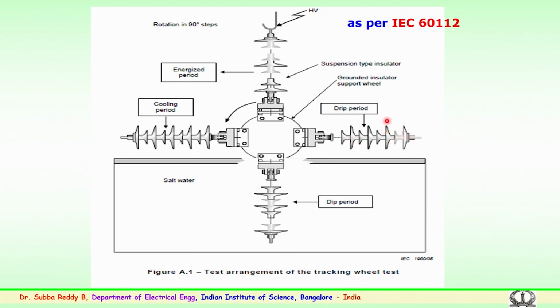Further, the insulator comes in contact with the high voltage, this is the high voltage point, for a period, and after the high voltage it comes back to the cooling period. These are the 4 stages of the rotating wheel arrangement. Each rotation is shown here.